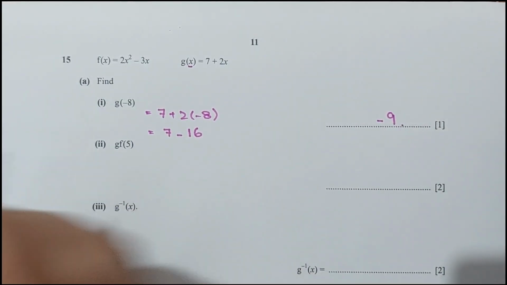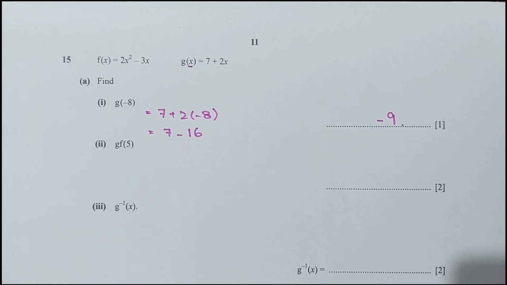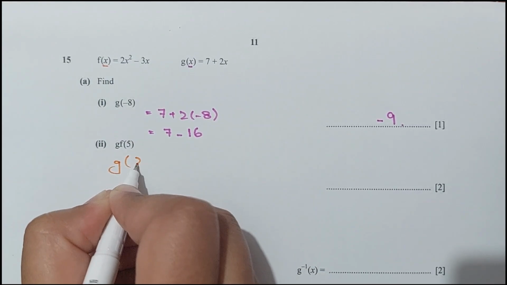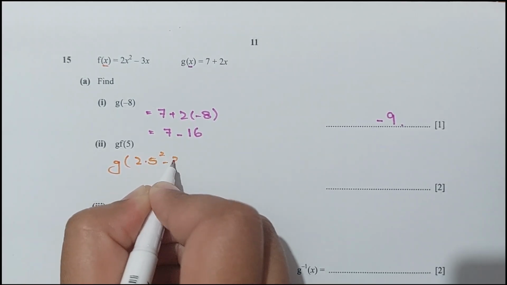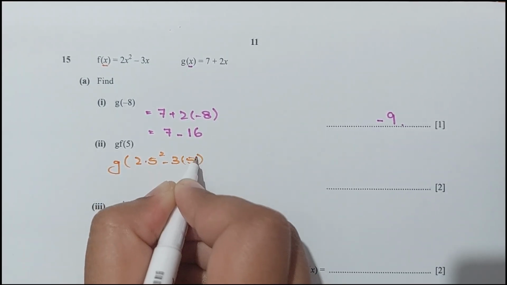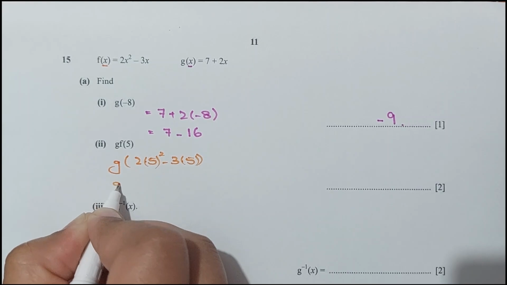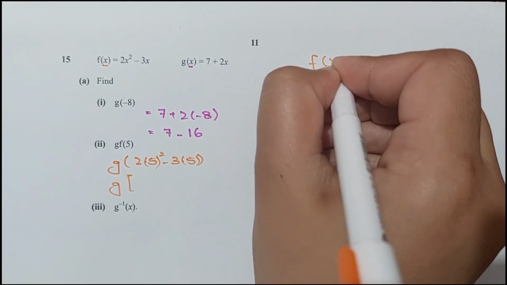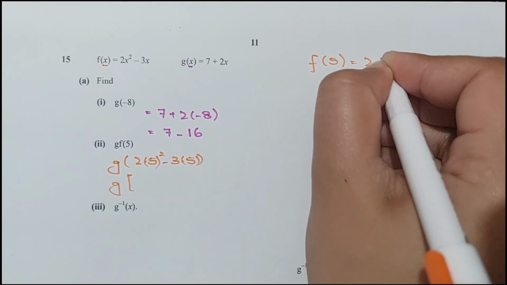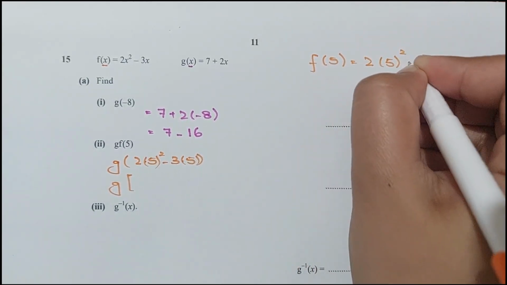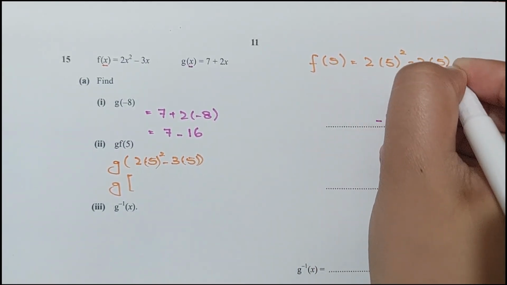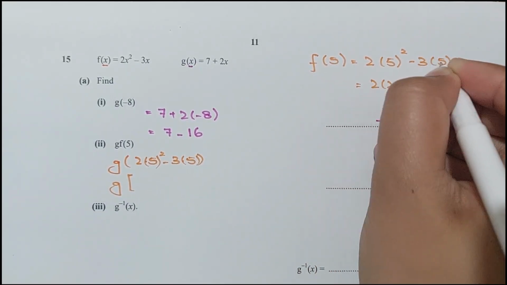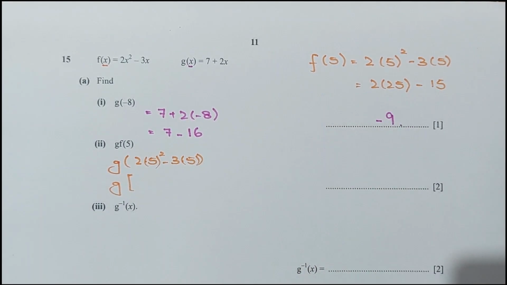Second part, g of f of 5. So first find what f of 5 is. Let me solve for f of 5 here. 2 into 5 squared minus 3 into 5. 2 into 25. 3 times 5 is 15.